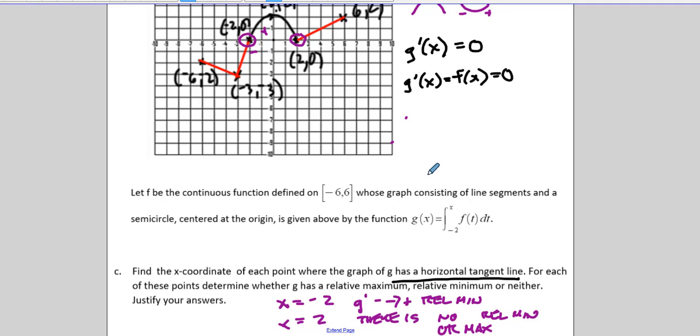There's an example of a horizontal tangent line right there, and that's not a relative max or min. So it could be something like that.